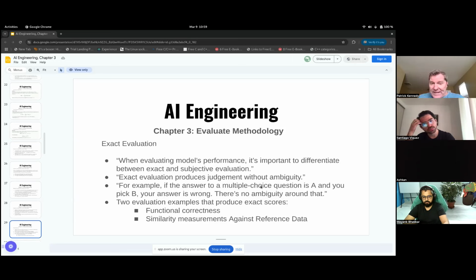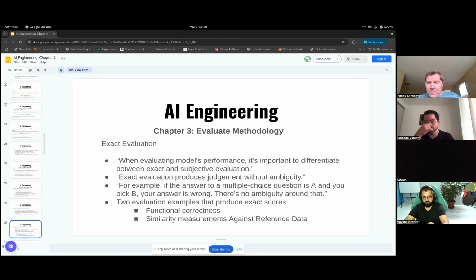So this looks all easy, and later we'll be talking about it again, if we get that far. In any case, you have to really master all these things because you'll be using them over and over again. So we're talking about exact evaluation versus subjective evaluation.